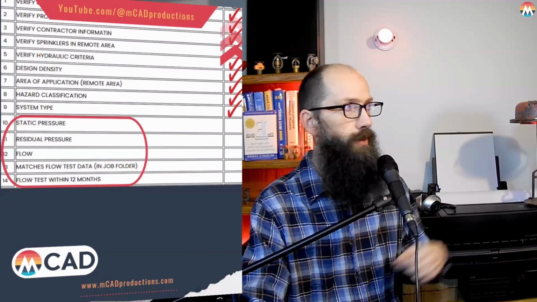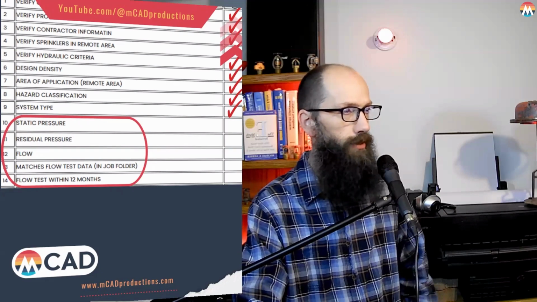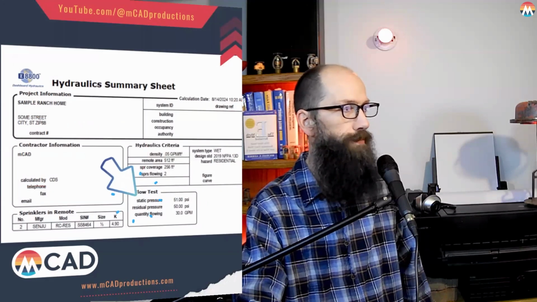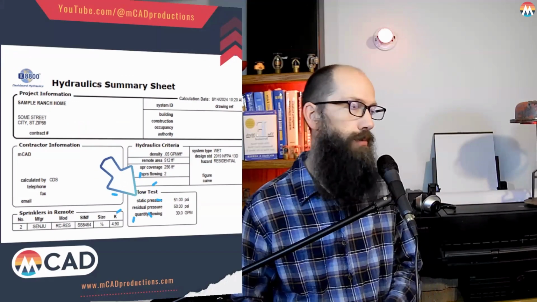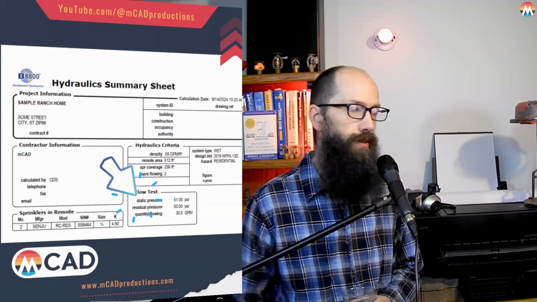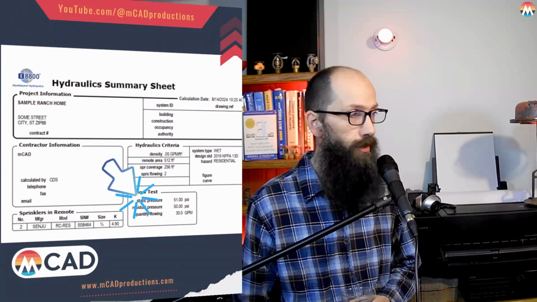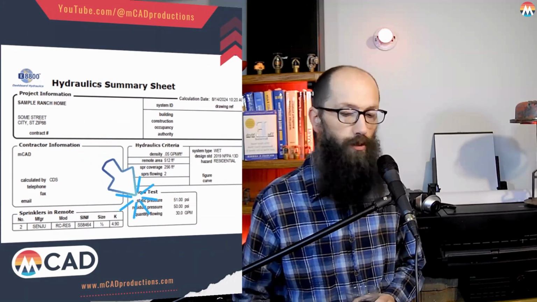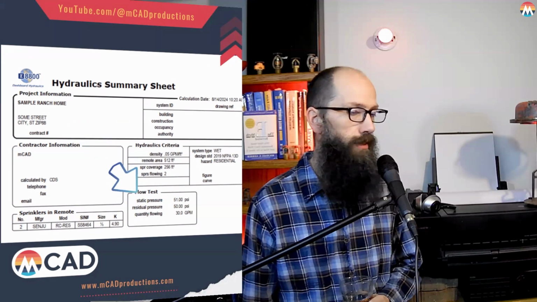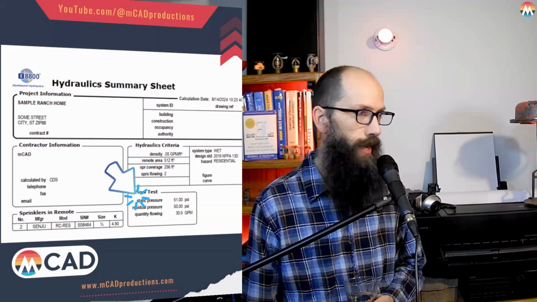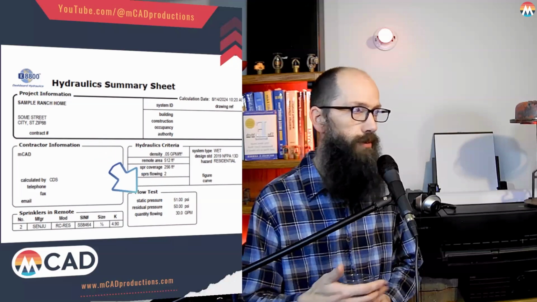So now the next thing we're going to look at is basically our flow test information, our static residual pressure and flow, where it goes on the calc report. Now, this is the box, and I normally on a tank and pump do not put this information. I talk about in the video on creating this calc report that some jurisdictions like to see that demand curve we were talking about for the flow test, but there isn't one for these little pumps.